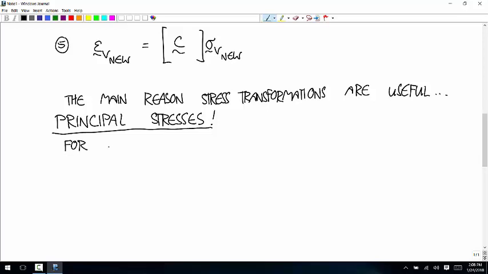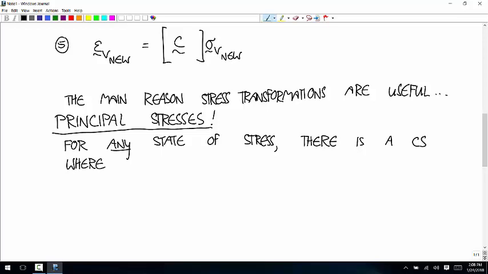For any state of stress, so this isn't just possible sometimes, this is always possible, there is a coordinate system where the stress has no shear stresses.